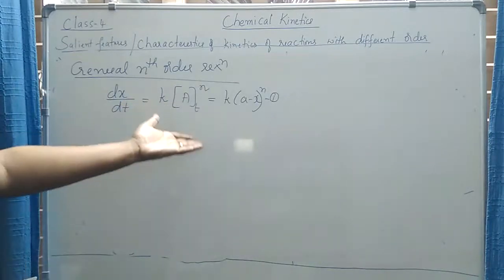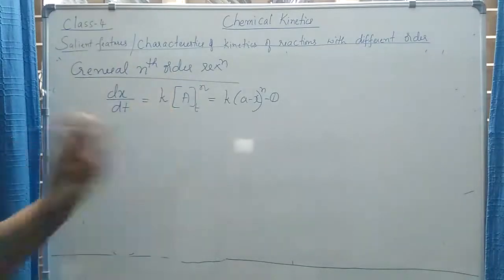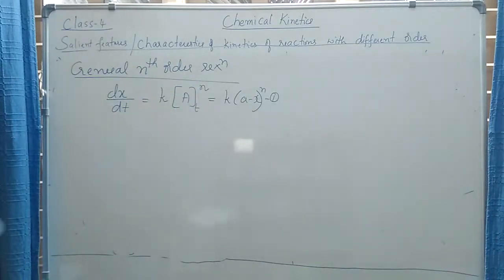You can rearrange this equation and integrate, find out the integration constant, again make some rearrangement and find out an expression for rate constant. We do not need all those mathematical steps.